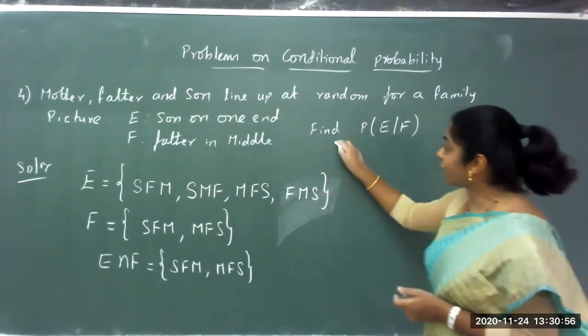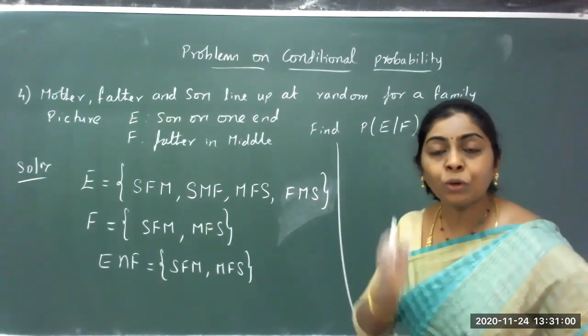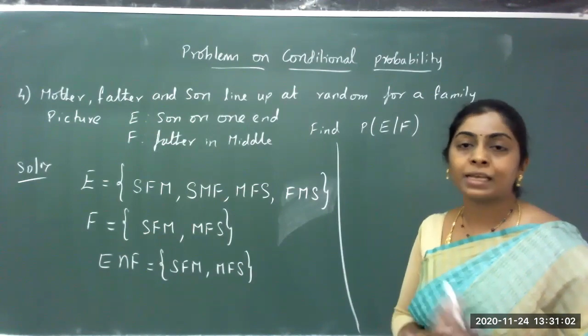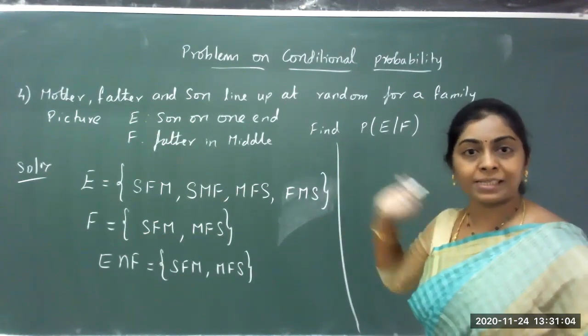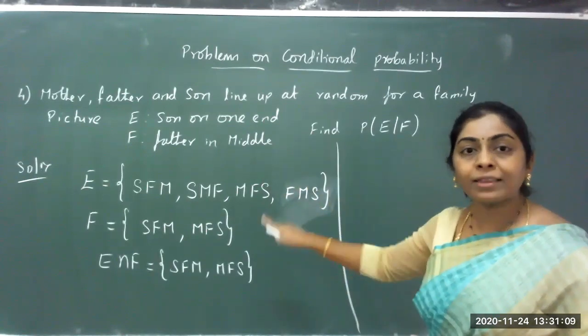Here the random experiment is that a family is taking a photo which includes three people, and that gives the sample space S. Then event E is son on one end, event F is father in the middle.